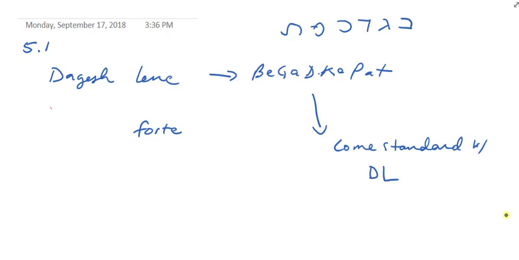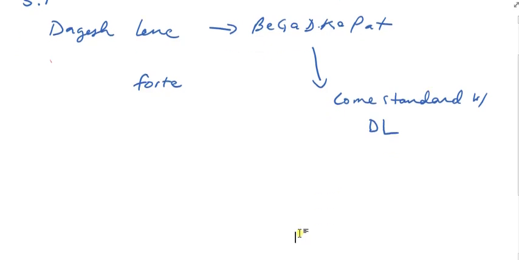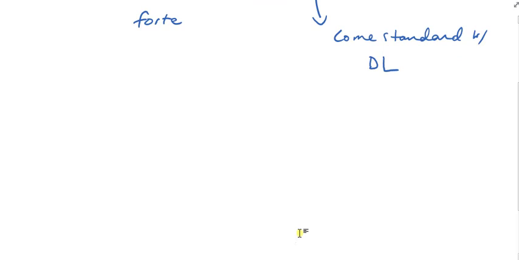What in Hebrew can make a dagesh lene go away? They go away if there is a vowel or any kind of a vocal shava sound before the dagesh letter, okay, before the dagesh lene. So here's what we need to know. Number one, begad kafat letters come standard with dagesh lene.